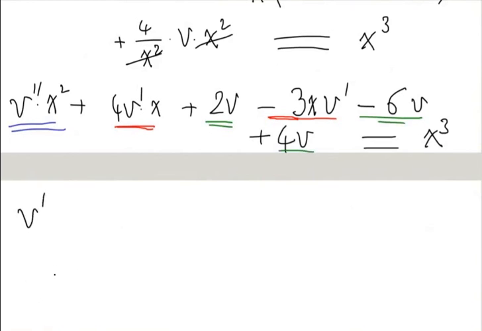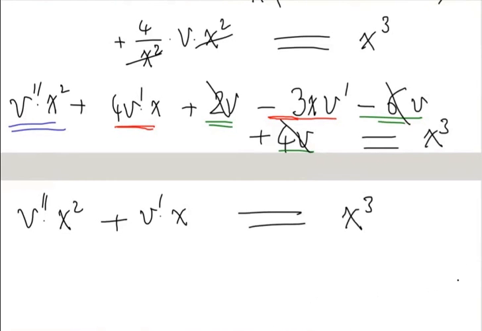So we will have v double prime times x squared, and 4v prime x minus 3x v prime will give us plus v prime x. And for 2v minus 6v plus 4v, they cancel out. And the right hand side is x cubed.